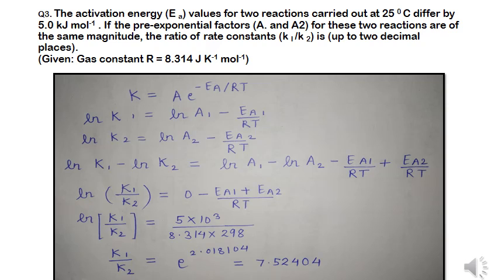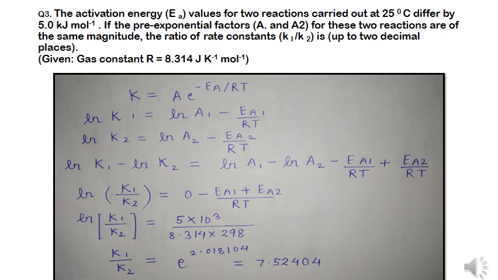So you can write ln of k1 minus ln of k2 as a ratio, that is ln of k1 upon k2, is equal to 0, because ln of A1 minus ln of A2 are both the same quantities. So 0 minus Ea1 plus Ea2 upon RT. At this point you can put the values of the individual quantities. Difference between the activation energy is given as 5 into 10 raised to 3.